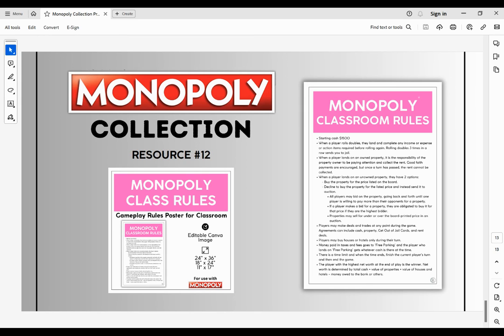So I've developed a set of class rules, kind of like house rules, that just speed the game up and allow you to complete in one single class period of about 60 to 80 minutes. Obviously, if you want to continue it, you've got things like the pause game card as well. But this is a printable class poster that has the rules on it, and then you can also use it as a handout. You can project it on your screen during the game. There's a bunch of uses for it.